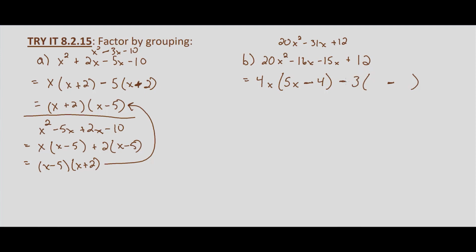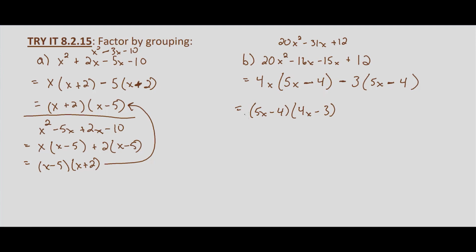And what's left in parentheses is going to be negative 3 times what makes negative 15x. That would just be 5x. Hopefully we get what we got in the beginning. And then negative 3 times negative 4 equals 12. And then we factor out the 5x minus 4, so we end up with 5x minus 4 times what's left, 4x minus 3.